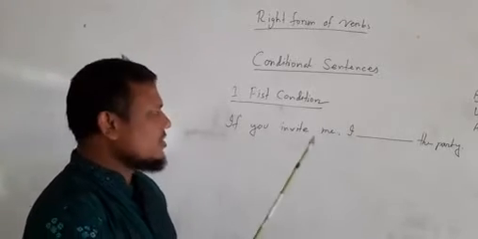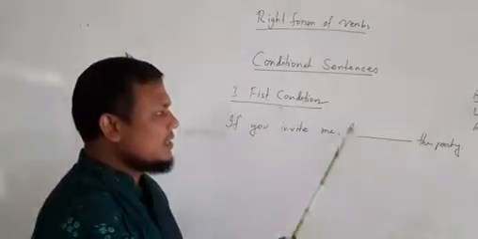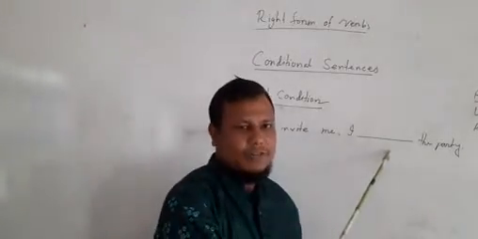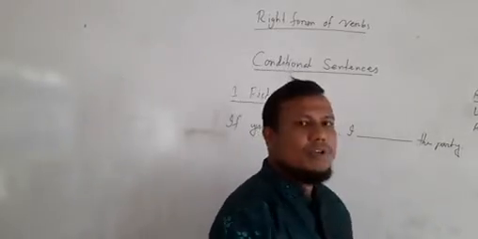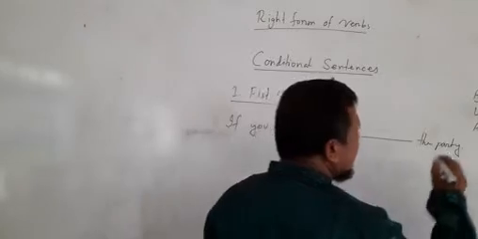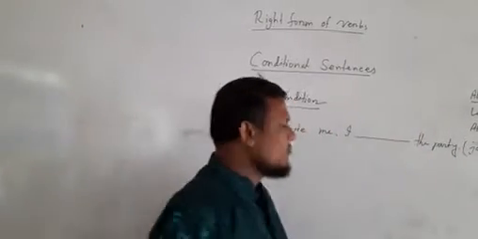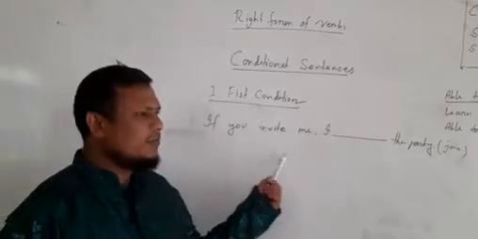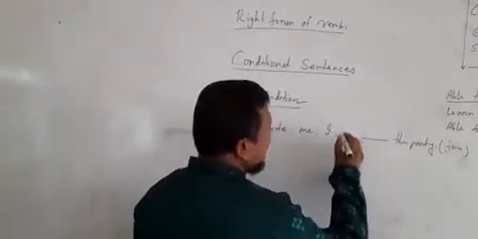I mean first condition. It is present indefinite tense, and the later part will be future indefinite. The subject, the verb will take shall or will with it. The verb is suppose join. If you invite me, I will join the party.